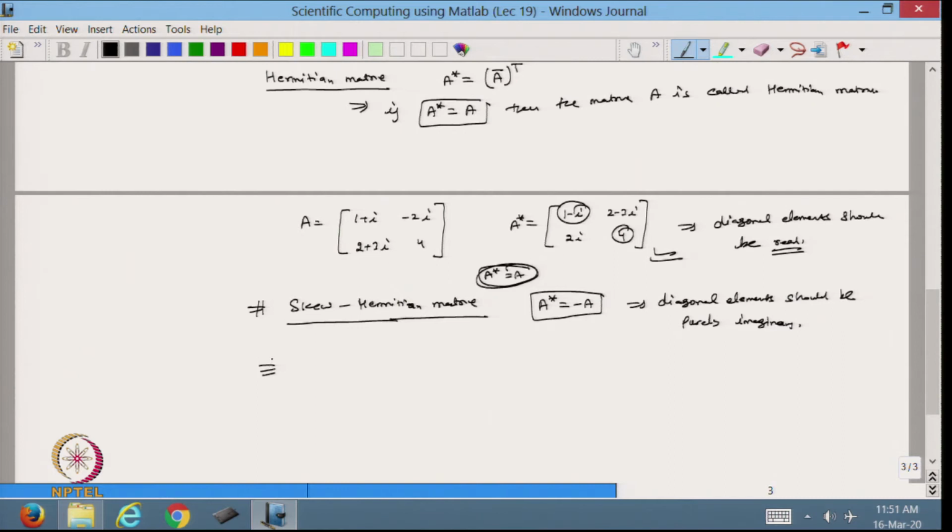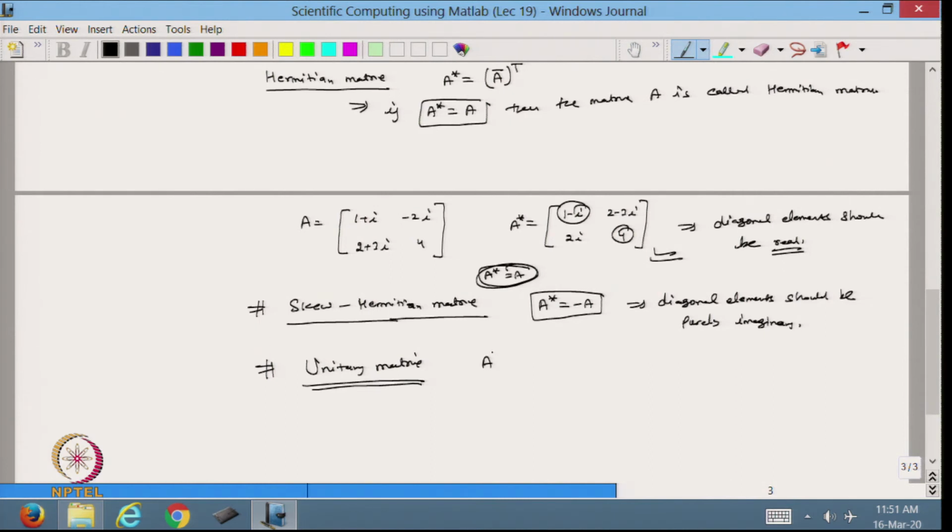And the third one is the unitary matrix. The unitary matrix is analogous to the orthogonal matrix.